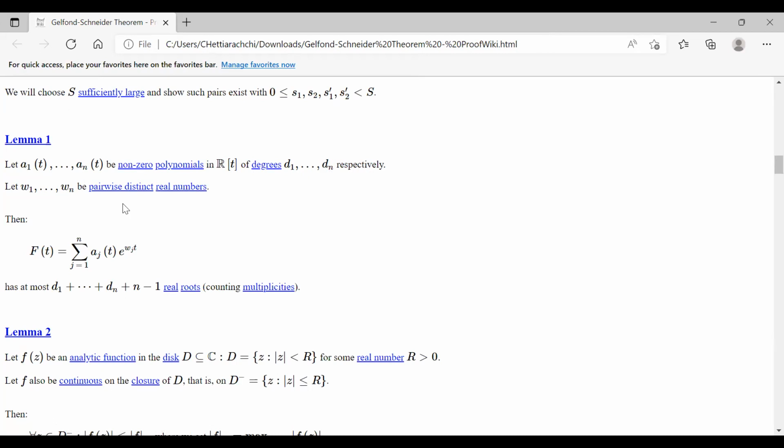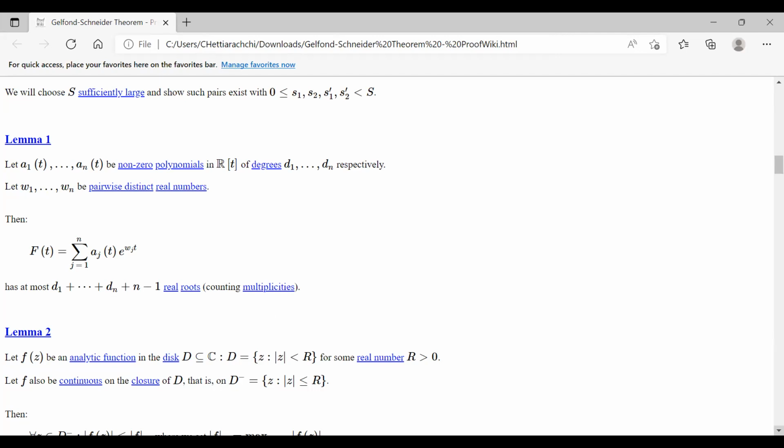Then we create a function f of t by multiplying each e to the wj t by aj of t, then adding them, where j goes from 1 through n. This is f of t. The lemma says this has at most d1 plus all the way to dn plus n minus 1 real roots, counting multiplicities.